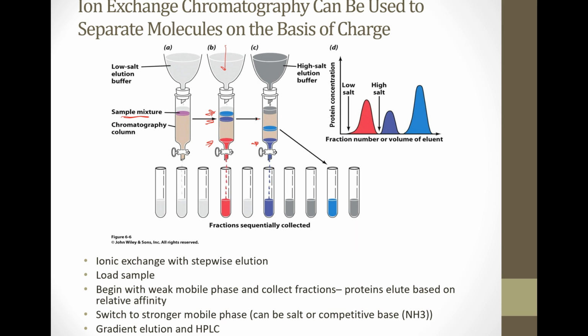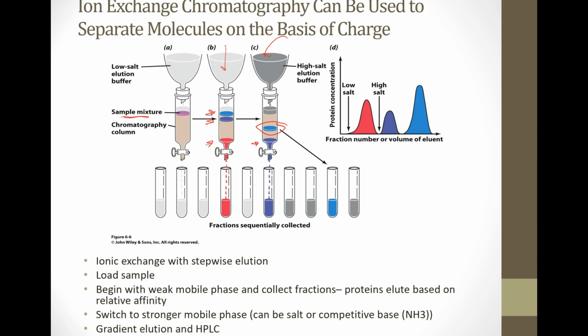And then you can swap when you have something that's really holding on strong, and it would take a lot of time with this weaker solution. You can change your buffer to a higher salt concentration and flush remaining proteins that perhaps you're not interested in.